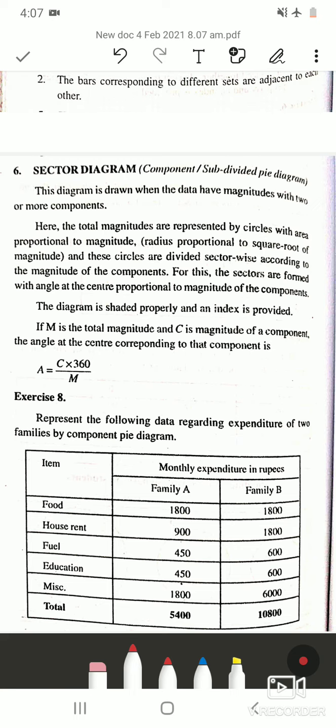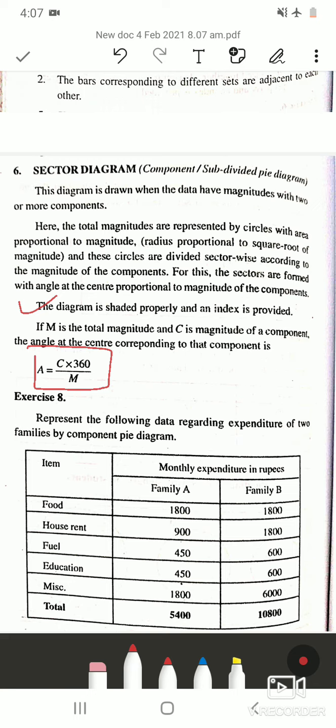Here the total magnitudes are represented by circles with area proportional to magnitude, that is radius proportional to the square root of the magnitude. We will see how to take the radius of a circle in a problem, and these circles are divided sector wise according to the magnitude of components. For these, sectors are formed with angle at the center proportional to the magnitude of components. The diagram is shaded properly and an index is provided.